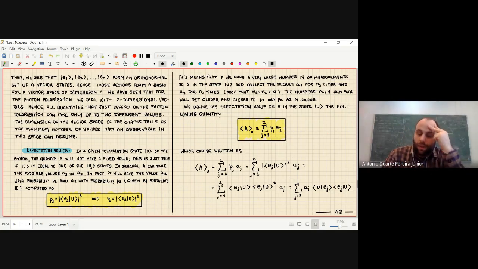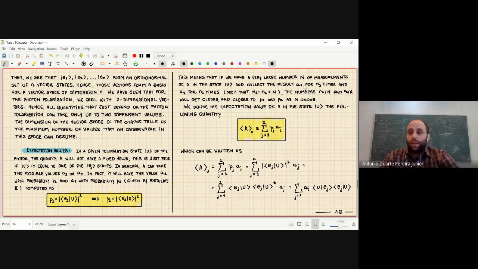So these probabilities mean the following. If you prepare the system in the state U and measure the quantity A, the outcome that you are going to measure will be A1 a number of times little n1. So you make the experiment several times, and n1 times you get the value A1, okay?